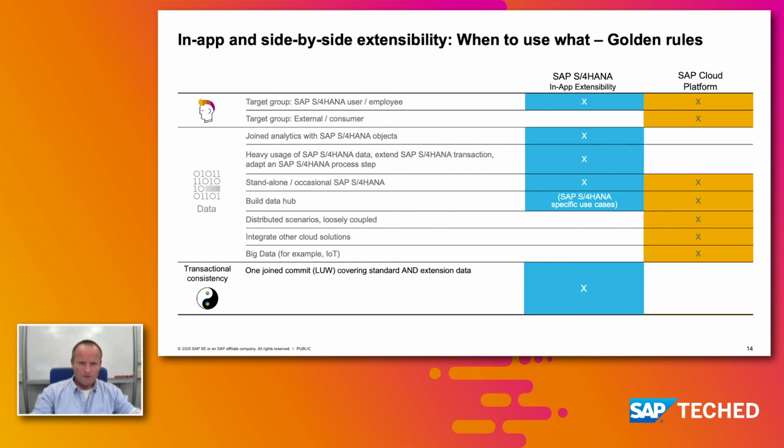So far, when to use what. There's a lot more to that, and it's always a little bit project specific, but it gives you a rough idea where to start from.